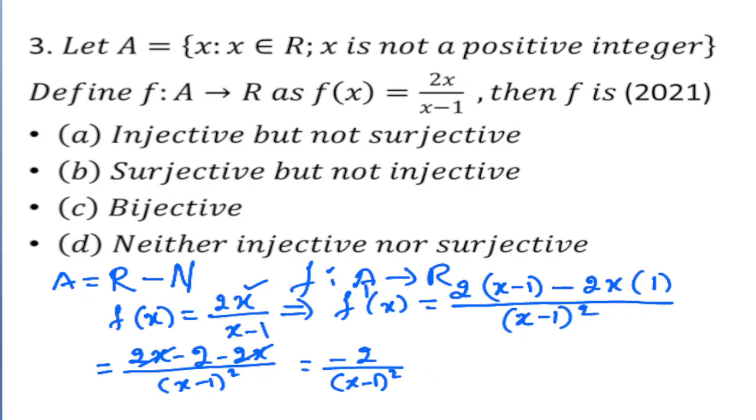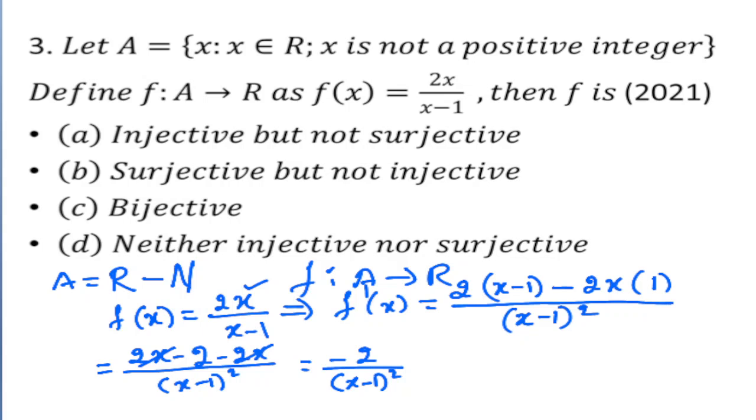Now friends, for this function, is this function always negative for any real number or always positive for any real number? Just think once. In the numerator you have a constant that will never change the value. In the denominator we have x minus 1 whole square. As the power is 2, the denominator function is always positive. So in the numerator you have a negative number.